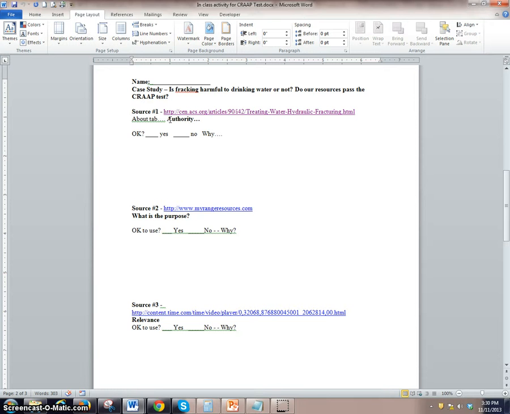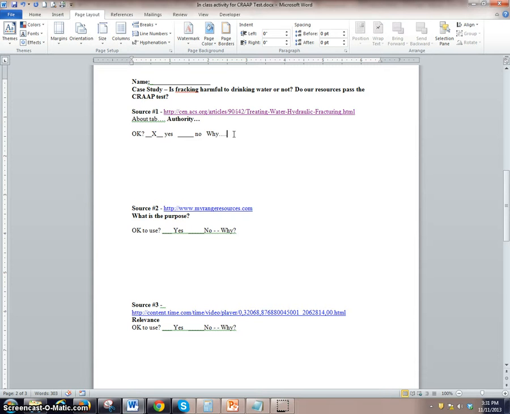But to just again highlight some of these individual criteria, if we look at this one in terms of authority, we already talked a little bit about whether I would feel comfortable using it or not for my paper. And I said, yes, I would. And the reason why, in terms of authority, is that the publisher comes from a very good source, and I would name that source, and the author's qualified to write on the topic.